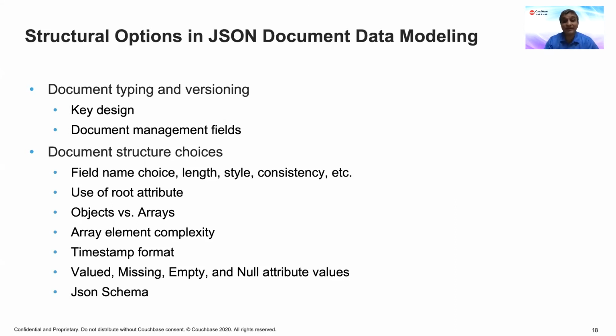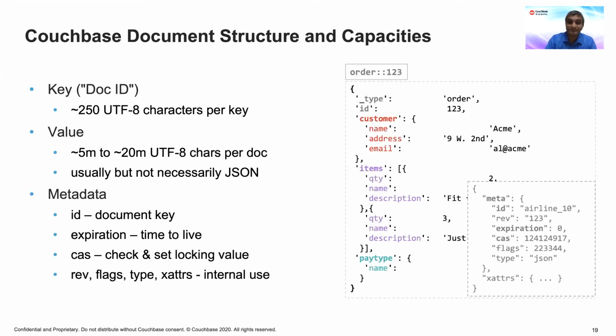What about the different timestamp formats that are available? So you might have empty, null attributes, missing attributes, valued attributes. How do you deal with them? And how do you make sure your JSON conforms to a particular schema by using JSON schema? So we'll go through each of them.